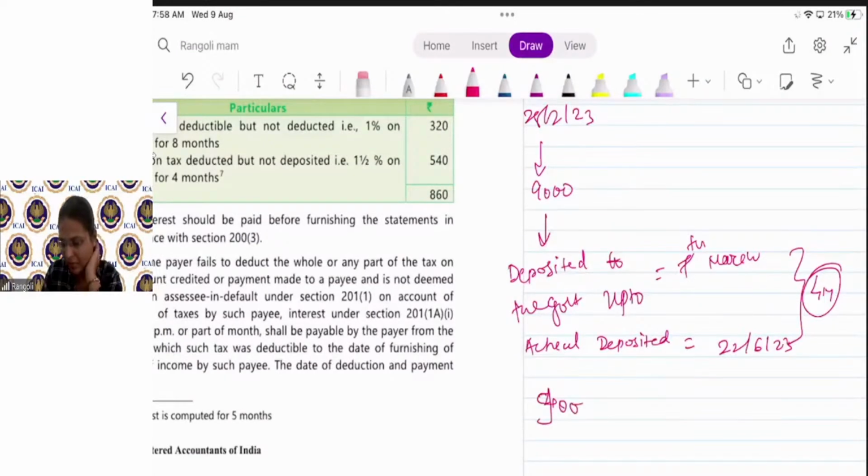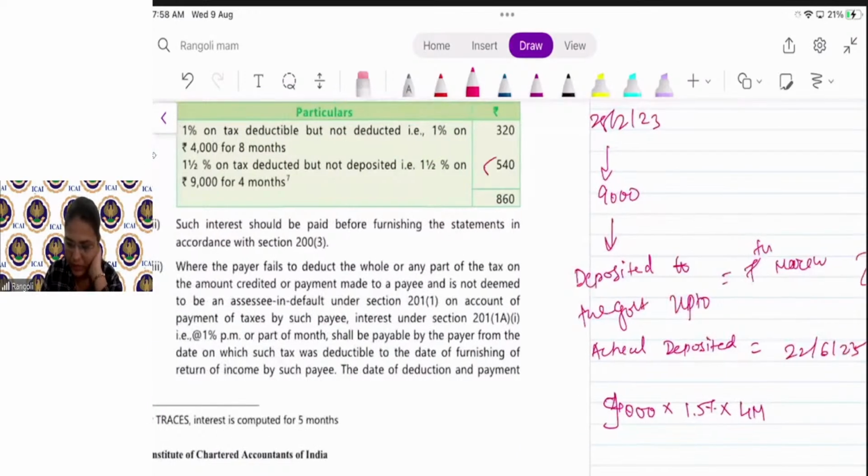On 9,000, which is the TDS amount, we need to pay 1.5% interest per month for 4 months. That comes to 540. So the total interest required to be paid is 860.